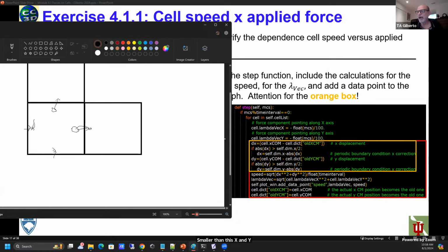We have then to correct the displacement for the size of the grid. So if the absolute value of the displacement is bigger than half of the grid, I have to reposition the displacement to the right position. So the x must be decreased by the absolute value of the displacement.